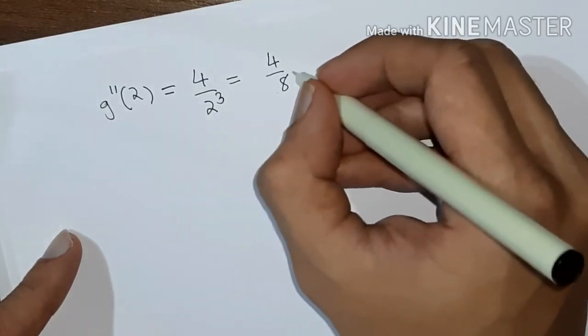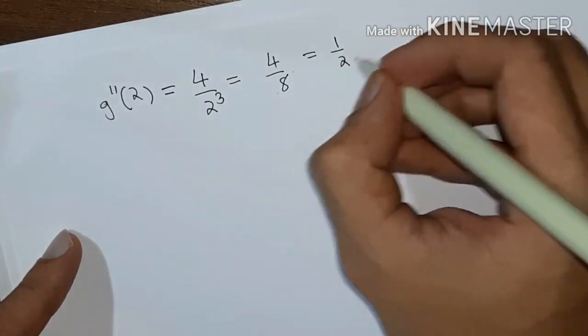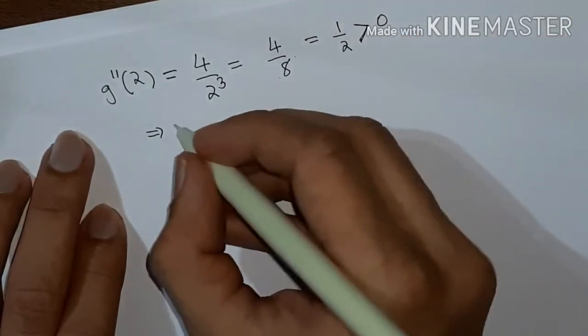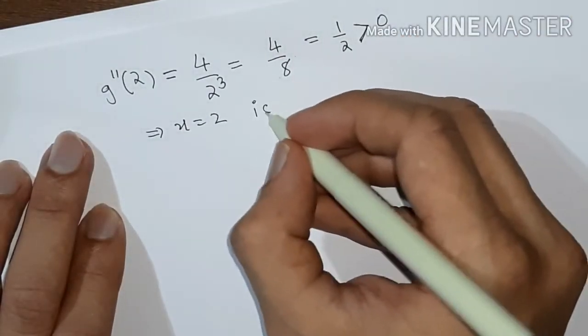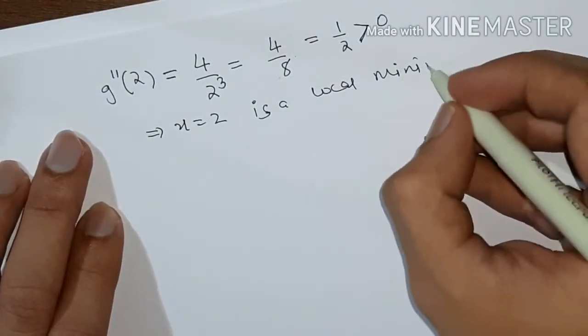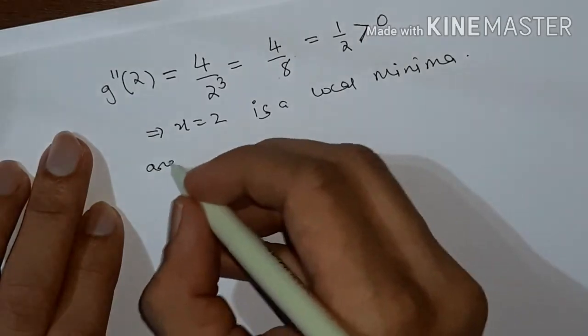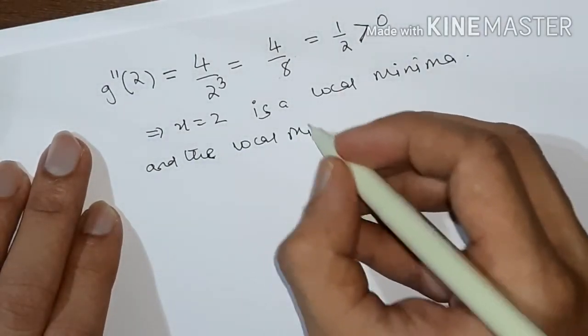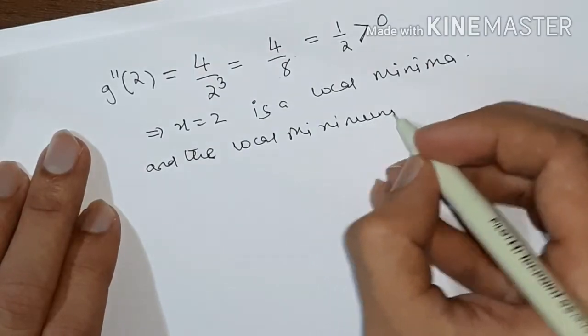So 4 by 8, which is 1/2, which is greater than 0, right? So that means x equal to 2 is a local minima. Okay, and the local minimum value is what?